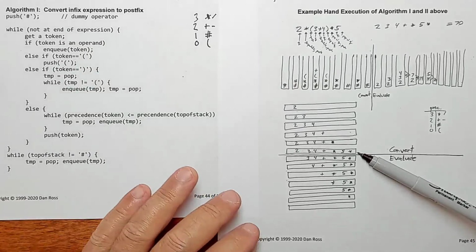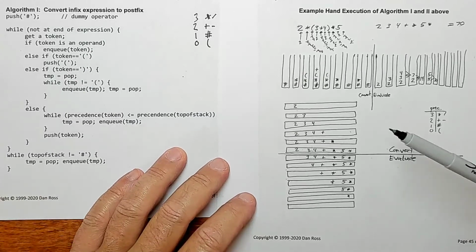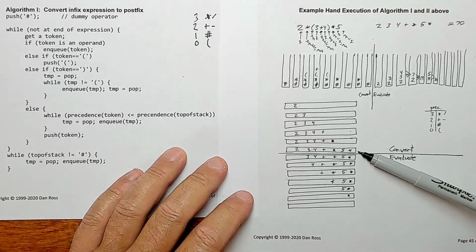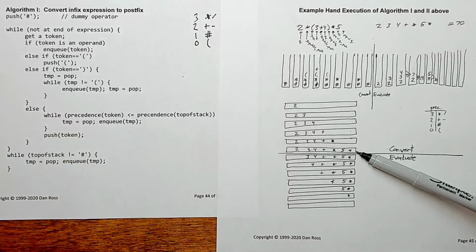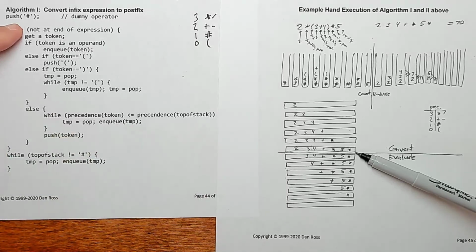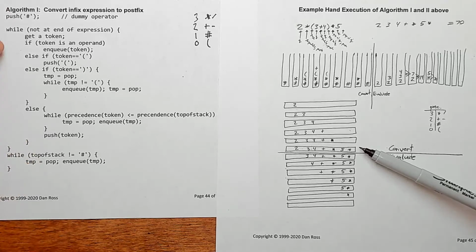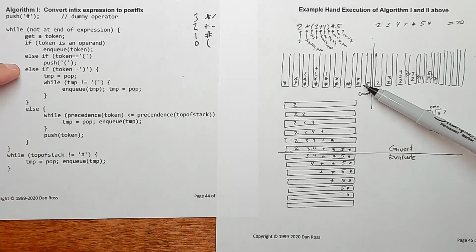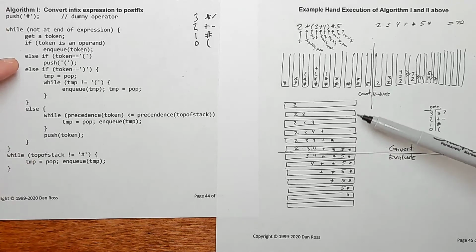Sorry for the misspeaking here. It's not easy keeping all this junk straight. Anywho, that's it. So go real slow if you need to, and just do what the code says. And then redraw the stack and the queue after every change like I've done here.